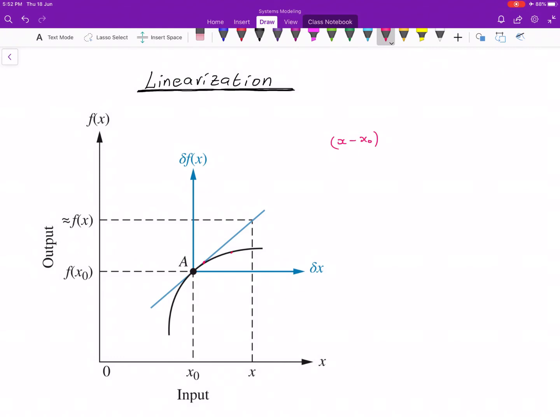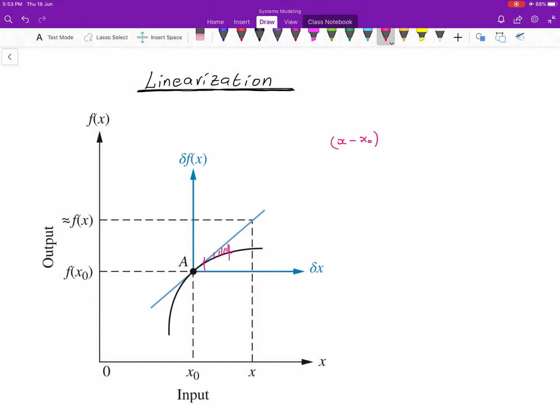That's very difficult because you have all this part, and that part is really nonlinear. So you want to pick a smaller point.